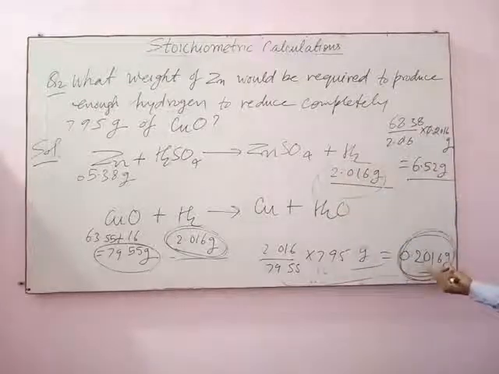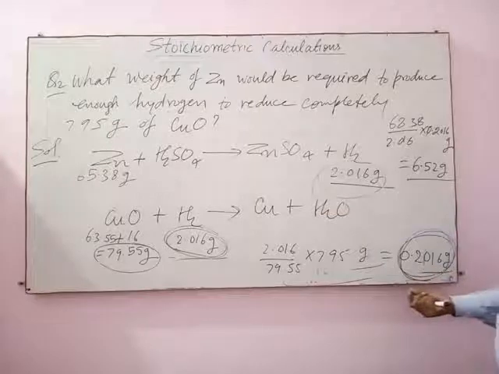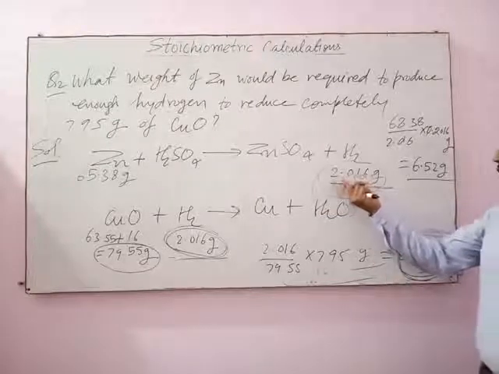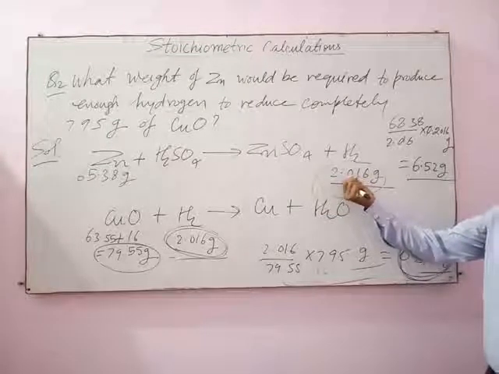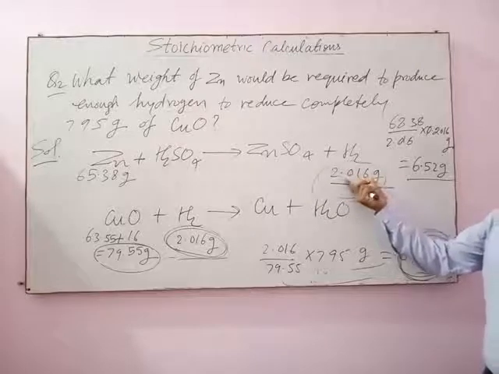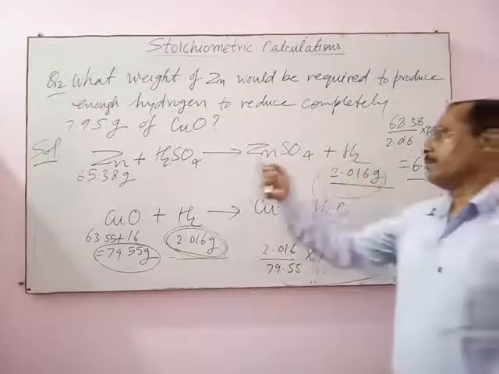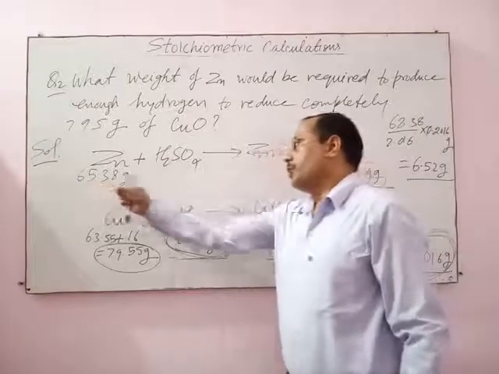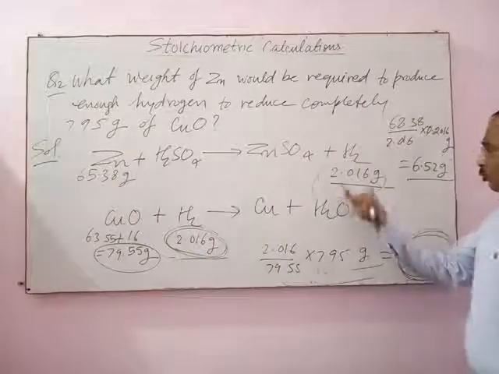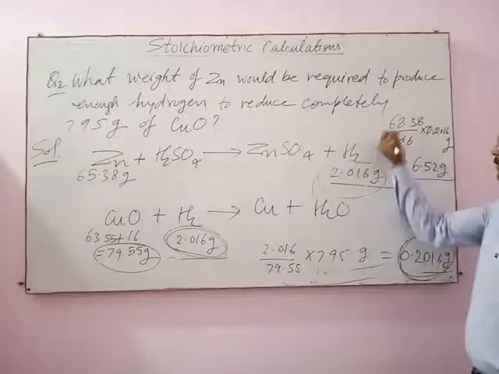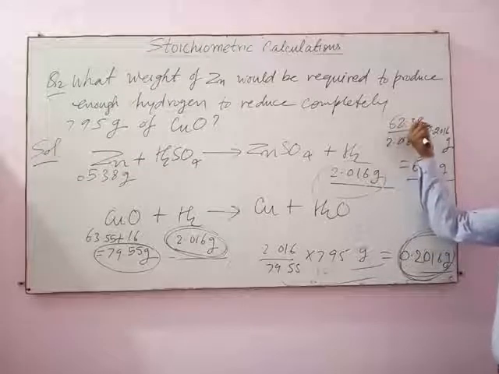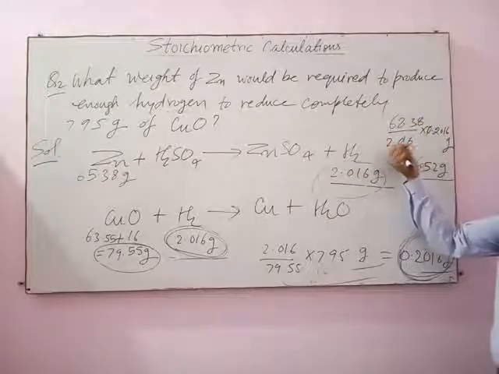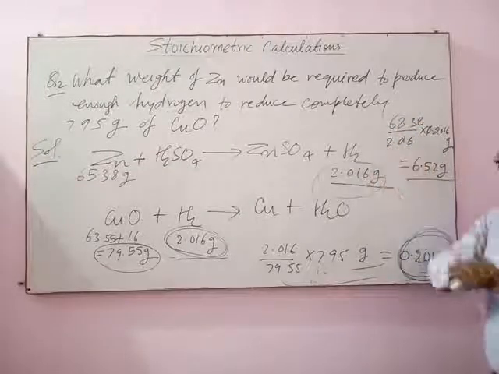Now, this amount of hydrogen requires how many grams of zinc? According to this equation, 2.016 grams of hydrogen is produced from 65.38 grams of zinc. So 1 gram of hydrogen is produced from 65.38 divided by 2.016 grams of zinc.